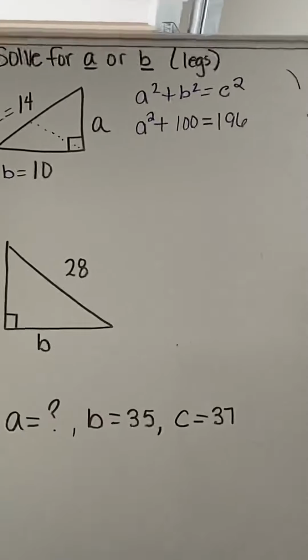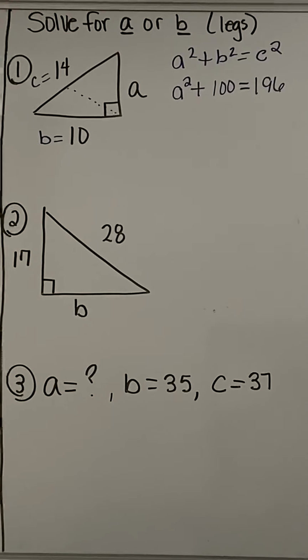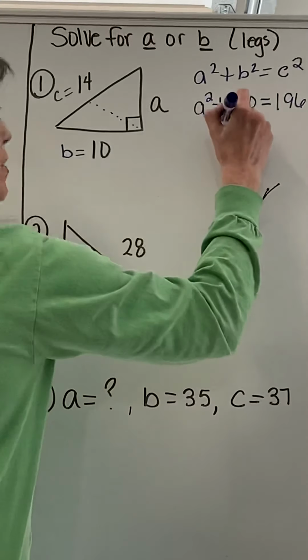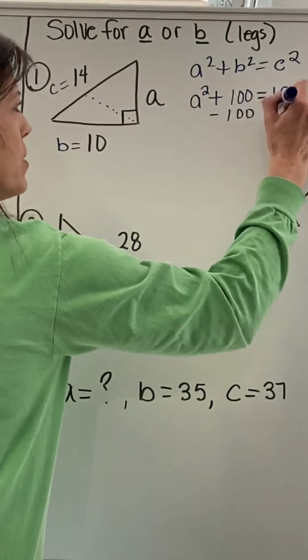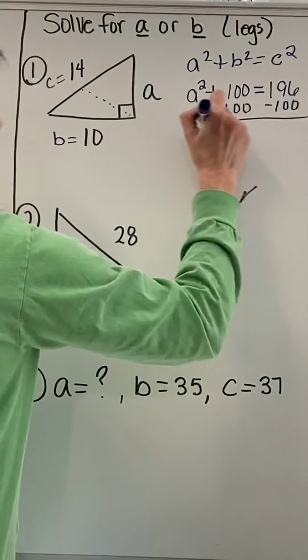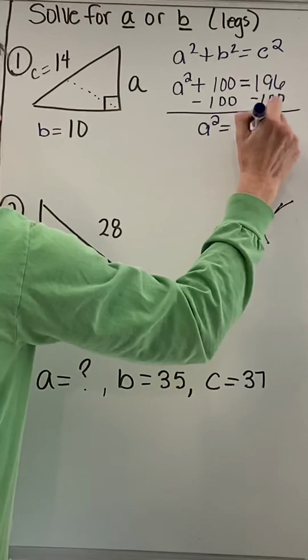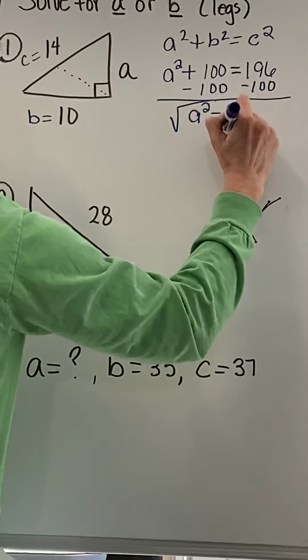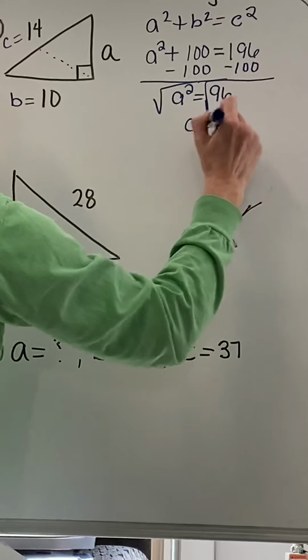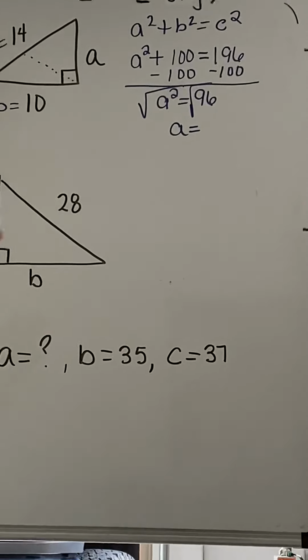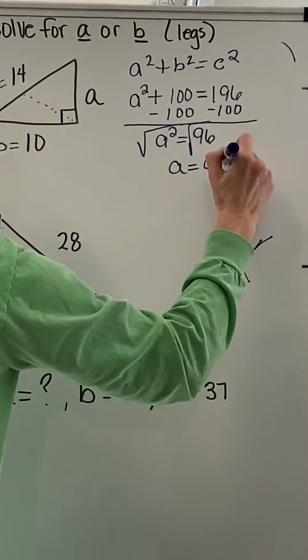So when you're solving for a leg, you're not going to add, you're going to subtract. I have to subtract 100 from both sides to get A squared by itself. Now I have A squared is going to be 96. I'm going to then take the square root of both sides just like I did before. And the square root of 96 is 9.8.